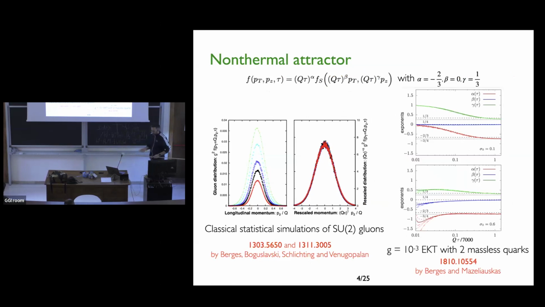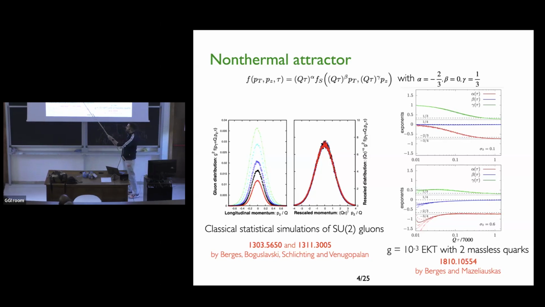And this scaling is something that you can really see. What this plot shows, taken from the original papers that are already 12 years old, is a profile of the distribution function at a particular value of transverse momentum as a function of longitudinal momentum p_z, at different instances of time. Although this is just a simulation, these are numerical data coming from an ab initio solution.